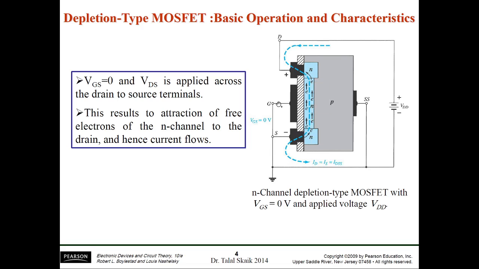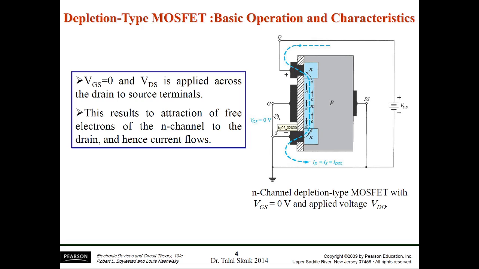If I am applying a positive voltage at this terminal, then electrons get attracted and form a bridge over there, due to which current flows.